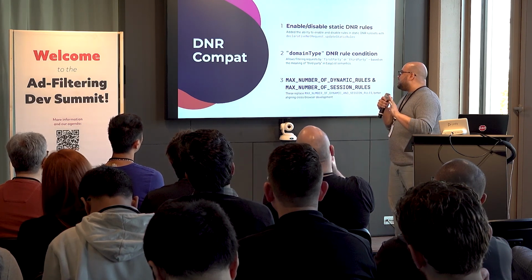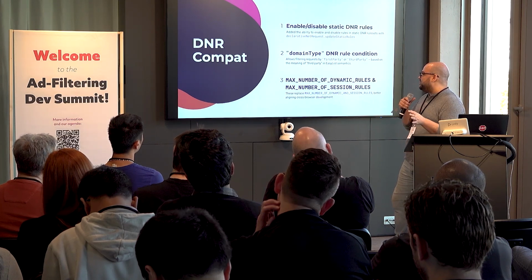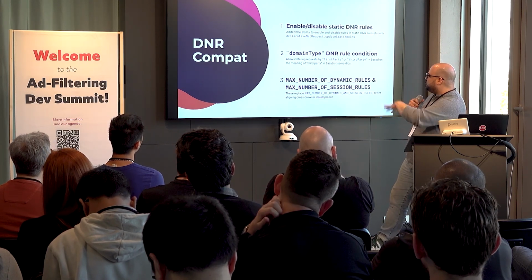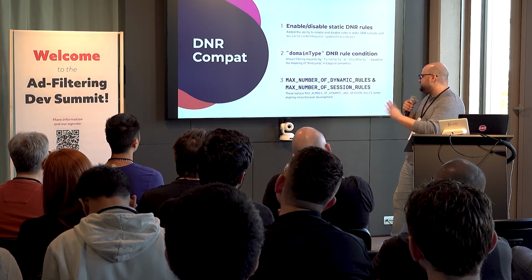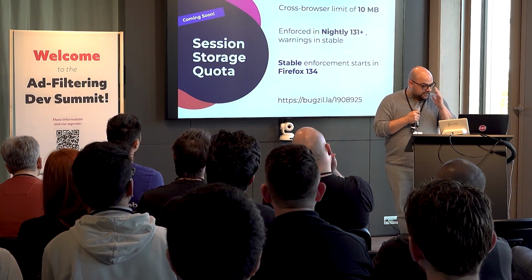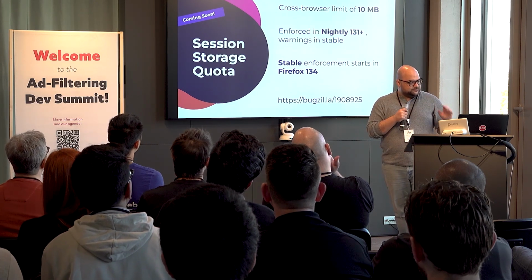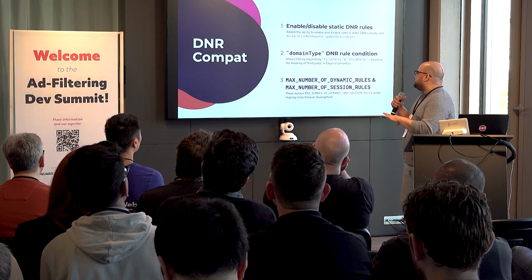And a couple of changes that I want to call out on declarative net request are enable/disable static DNR rules, the domain type rule condition, and some changes to rule management. So first up, enable/disable static rules.